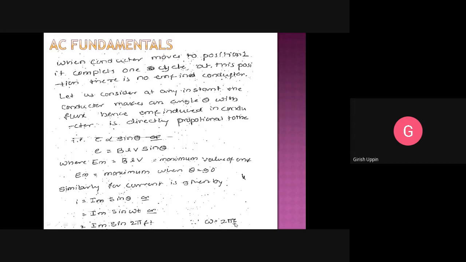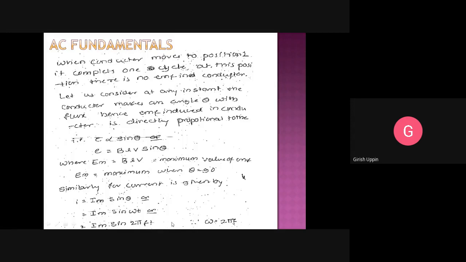And what is f? f is the frequency of the alternating current. We can also represent it as i is equal to Im sin 2 pi f t. So we can represent the equation either as i is equal to Im sin theta, or i is equal to Im sin omega t, or i is equal to Im sin 2 pi f t.